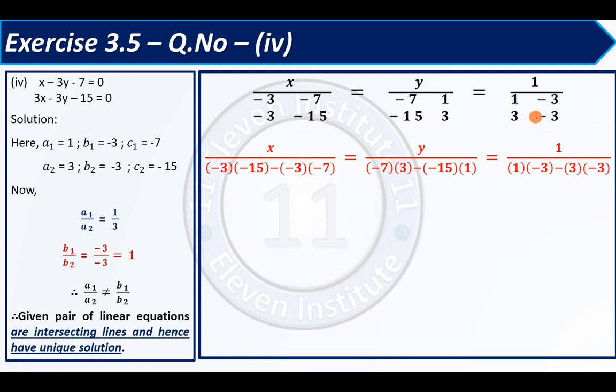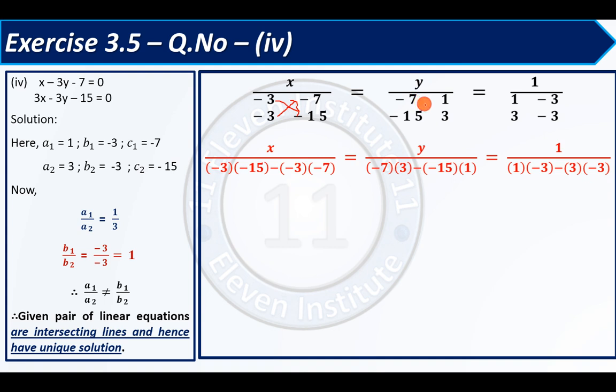Right? So x, y and 1 minus exactly at the center, and now you will start with this number. You will multiply minus 3 with minus 15 in brackets. This minus is already there, and then you will multiply minus 3 with minus 7, but you will keep the brackets as it is.